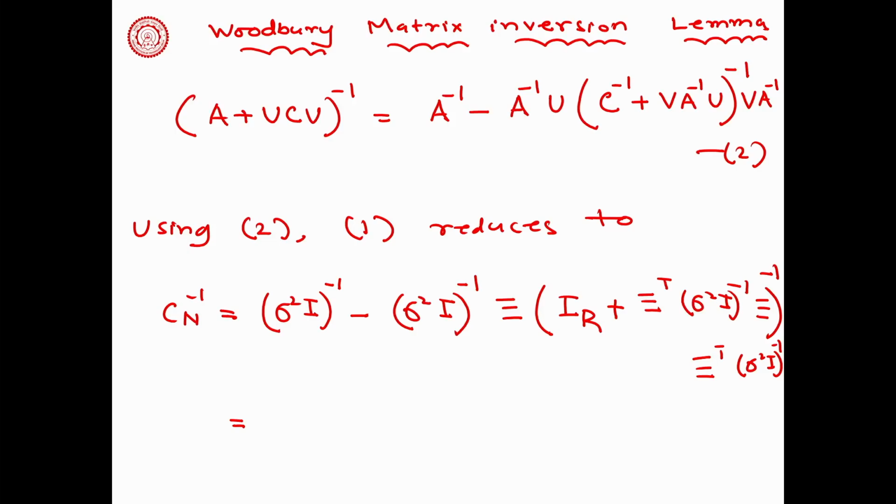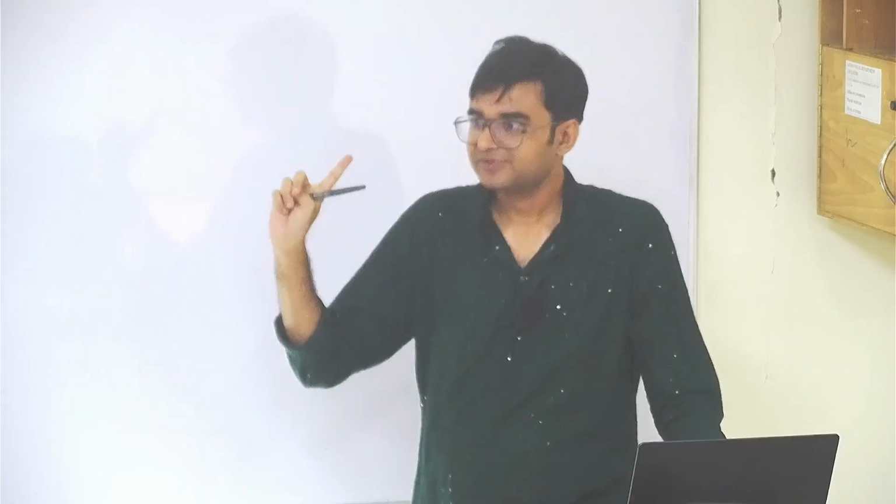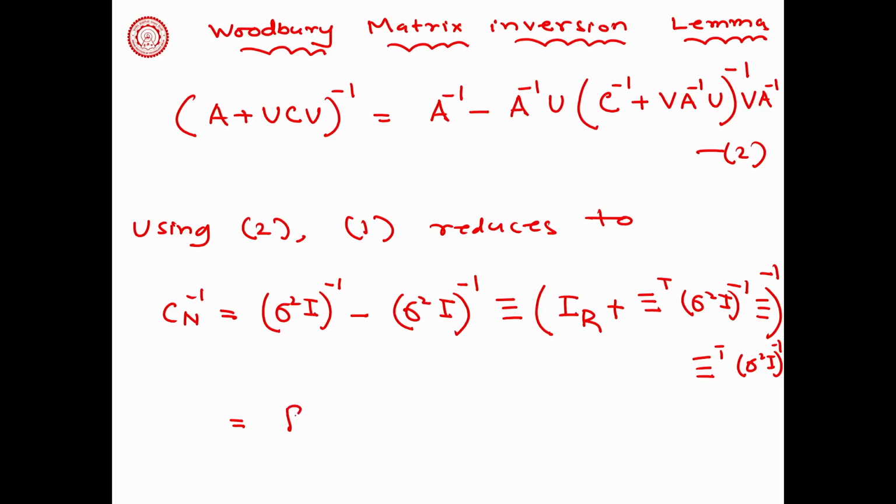I inverse is I, sigma square inverse is beta, precision, beta, right. So, I will write it as beta I minus, from here I will get one beta, which is beta is a scalar, remember that. From here I will get another beta. So, I can write it as beta square.